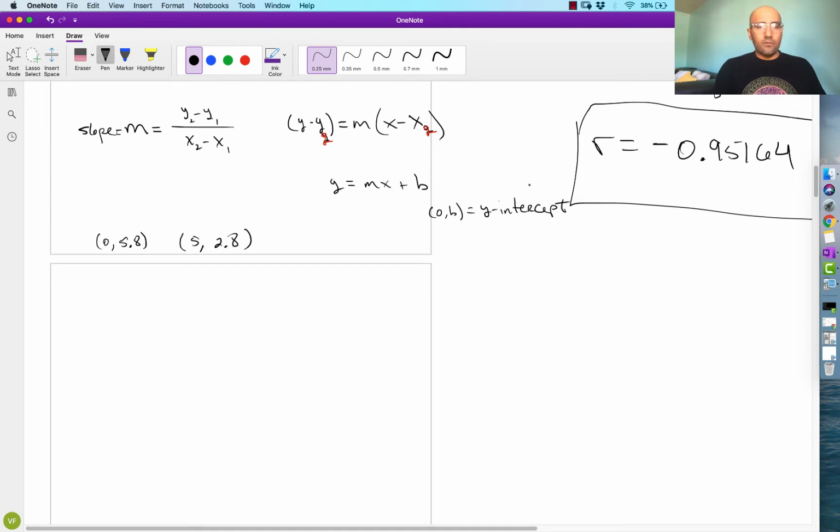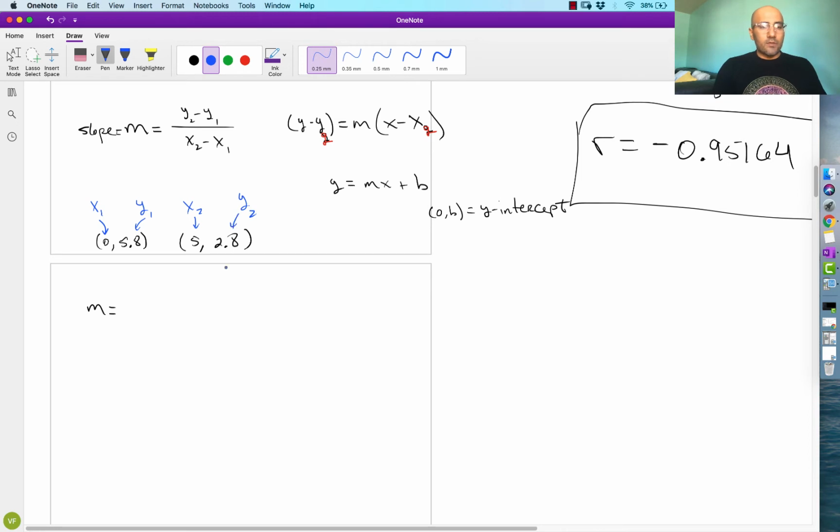Okay, let's go through this process since I think that's what the author likes to use. So step 1 is to find the slope. Let's label these points: this one is x1 and y1, and this would be x sub 2 and y sub 2.